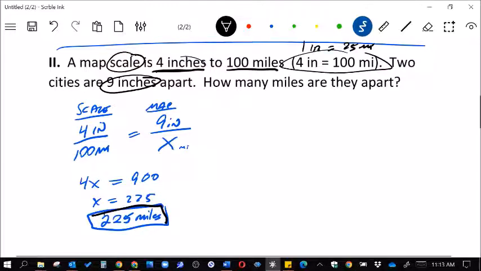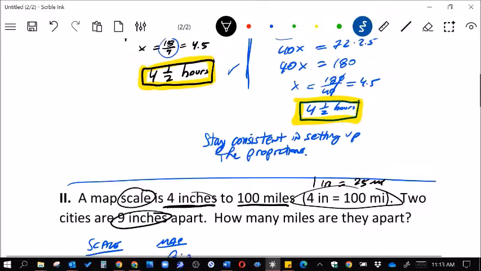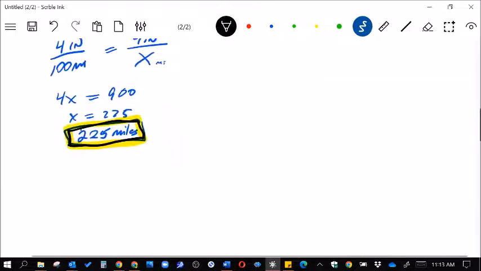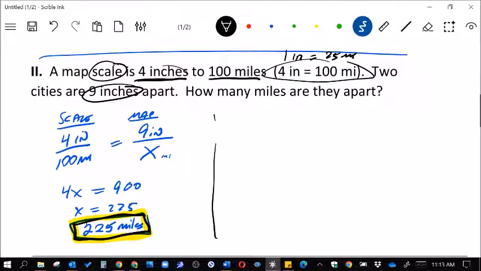Now let's do it in a different way because it's the same kind of thinking anyway. Just like on the last problem, I'm going to do it with the other type of method where now I'm going to put the map inches to the reality, the real actual number of miles for them.